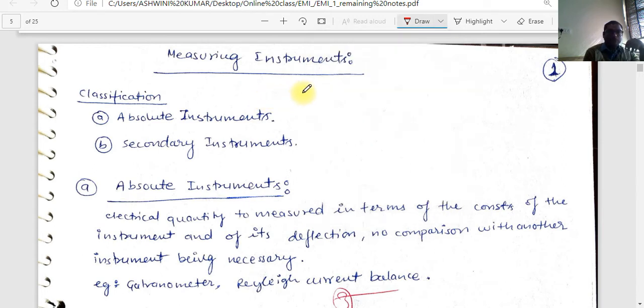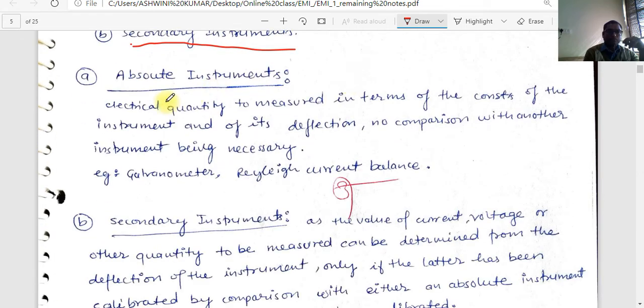In lecture 5 of electrical measurement and instrumentation, we have a short note on the two types of classification of measurement instrumentation. This is the absolute instrument and the secondary instrument. What is the absolute instrument?